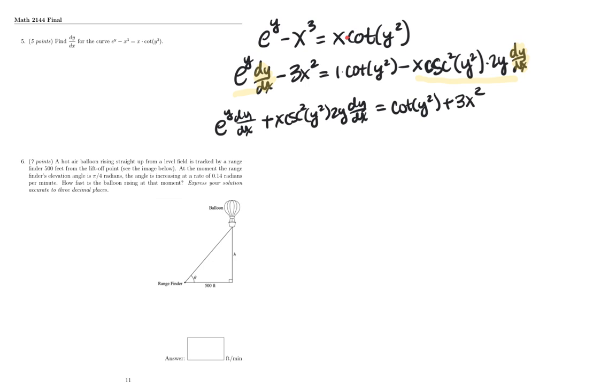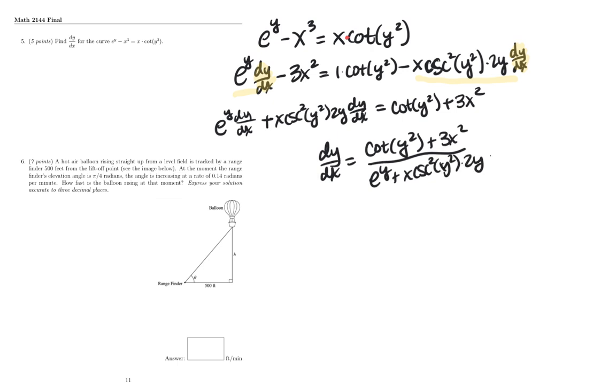Now I can factor out the dy dx and divide by the leftover stuff. So I'll get dy dx is equal to cotangent of y squared plus 3x squared divided by e to the y plus x cosecant squared y squared times 2y. So that's your final answer.